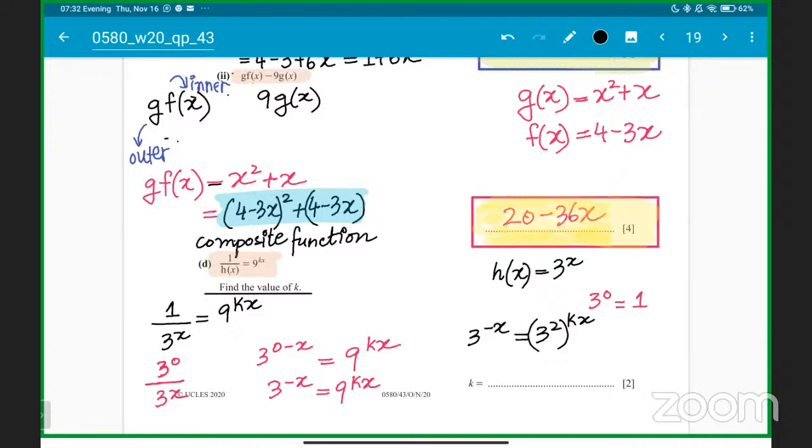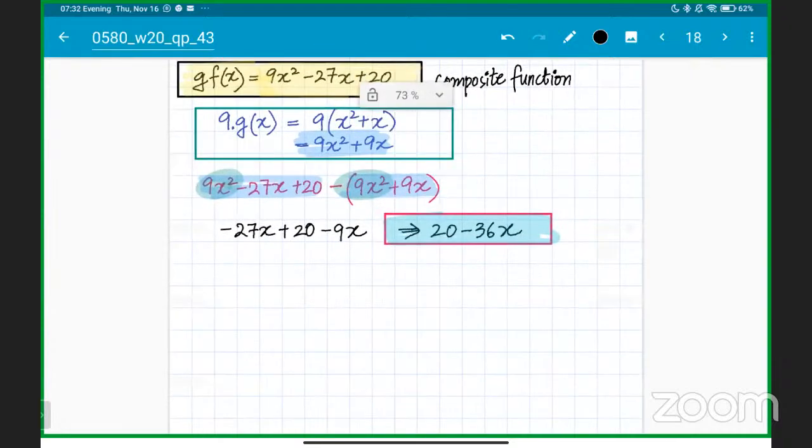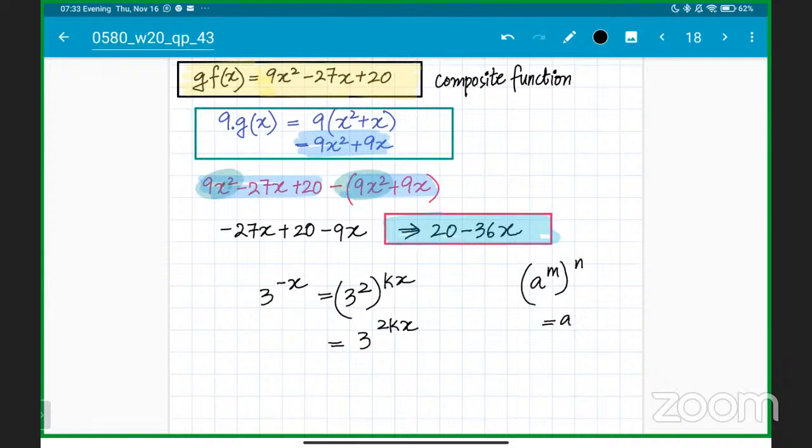Follow carefully: 3 power minus x is equal to 3 power 2 times kx. Remember this rule, a power m to the power n is a power mn. Now you can compare, because the bases are the same.